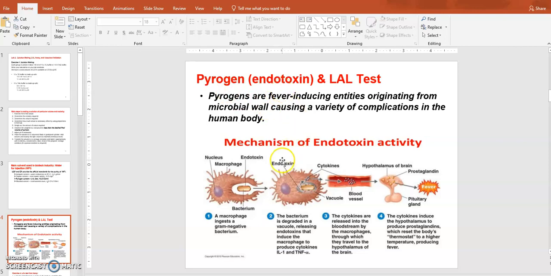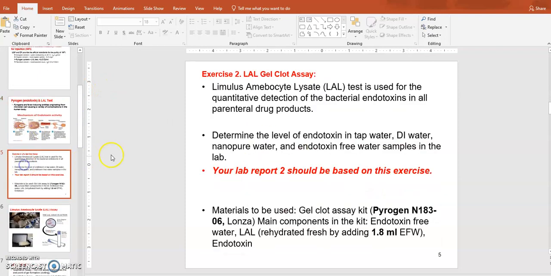So when these bacterial cells die, their cell wall debris may come out, and those debris will go into human body and activate the immune system, and through that activation you will have high fever and you will have problems with that fever, and a lot of people may die from it.